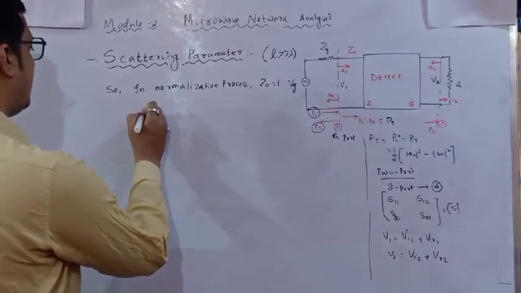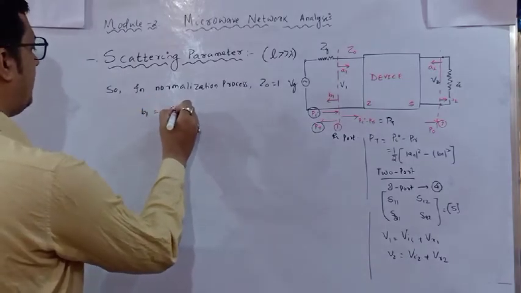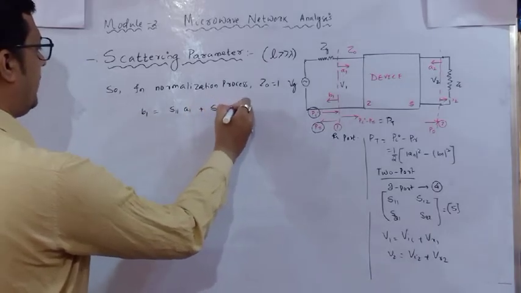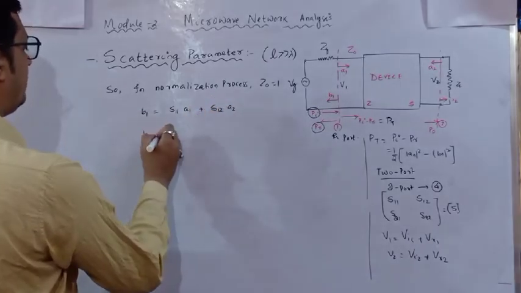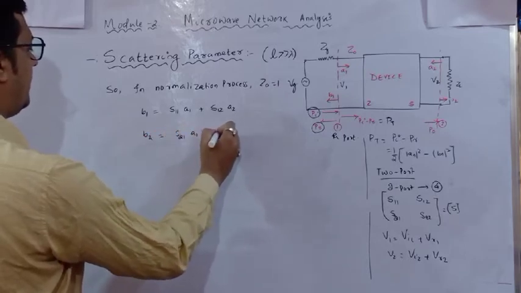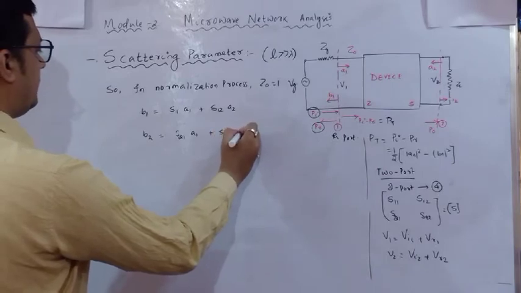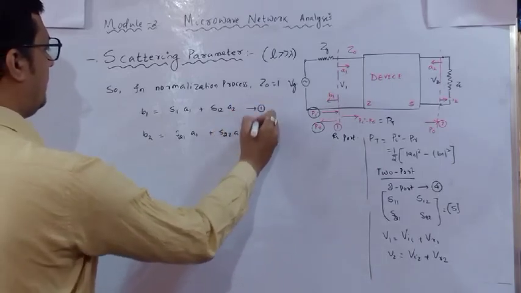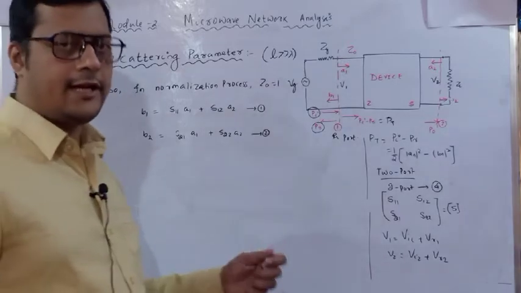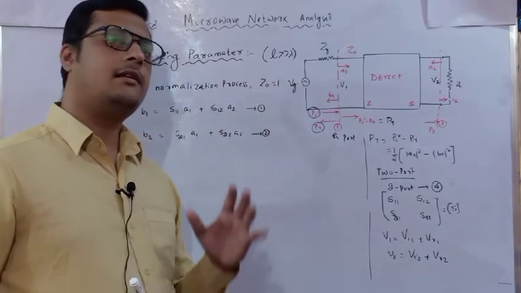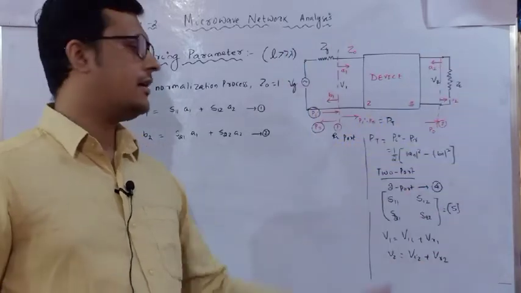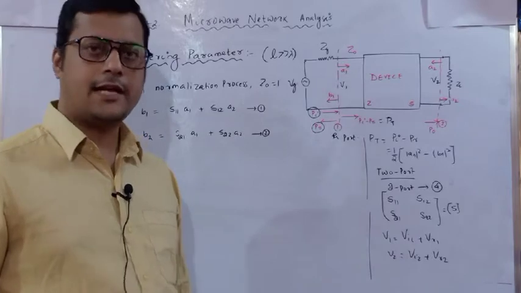So first, B1 is equal to S11 A1 plus S12 A2, and B2 is equal to S21 A1 plus S22 A2. This is equation 1 and this is equation 2. Here what we are relating indicates that the reflected potential is related to the incident potential in order to determine the scattering parameters.